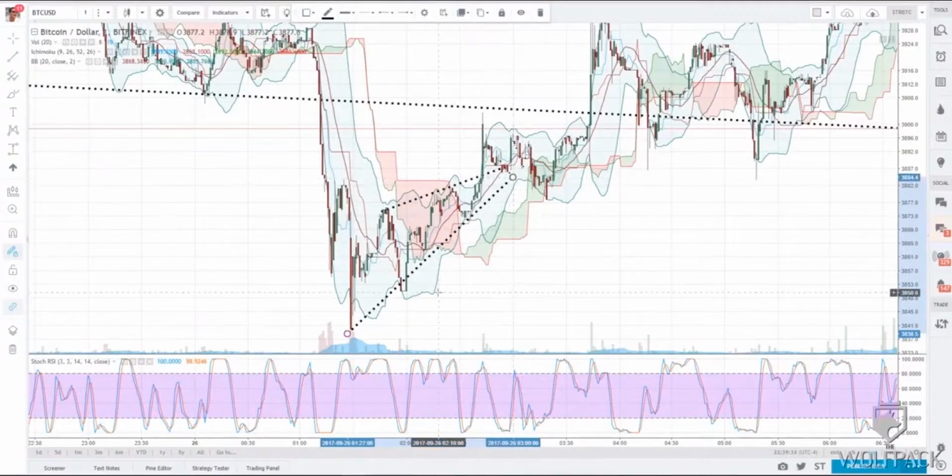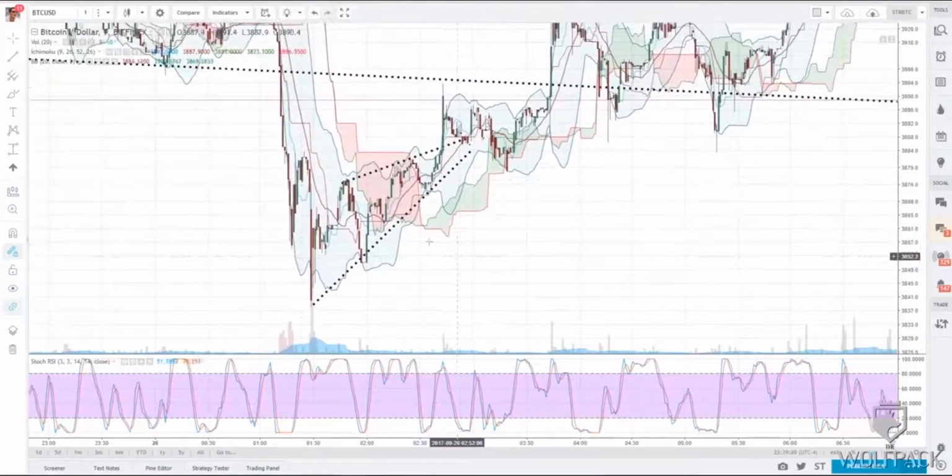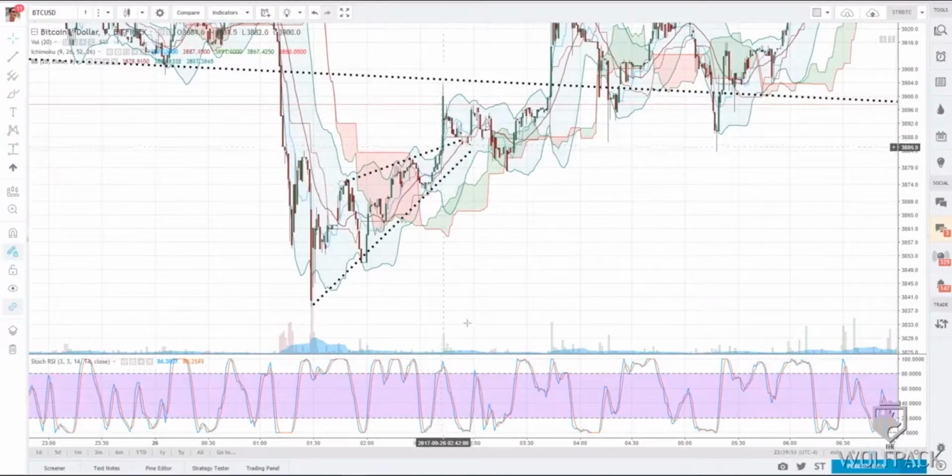And I consider this a rising wedge in the 1 minute, just because it's not going to be perfect in the 1 minute. There's a lot of these random spurts everywhere. So this is a rising wedge. It should have dropped, but it didn't. It spiked up. As you can see, there's a large buy volume right here. Even for the 1 minute, this is considered a fairly large buy volume. And then it continued the ride upward.